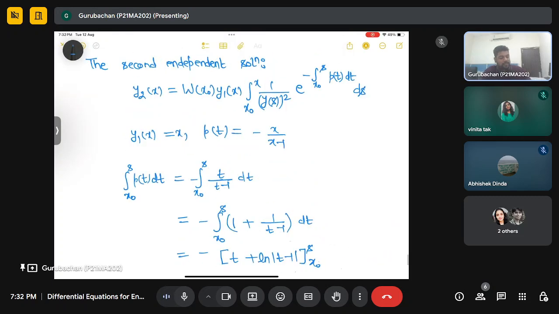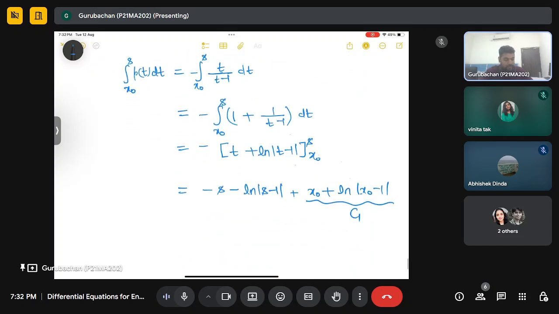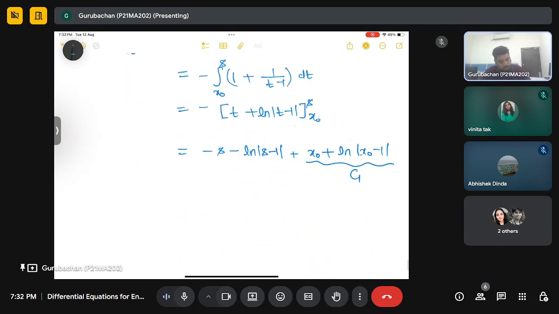What is this factor, e to the power minus the integral from x naught to s of p(t) dt? This will come out to be e to the power s minus ln(s minus 1) times e to the c1.